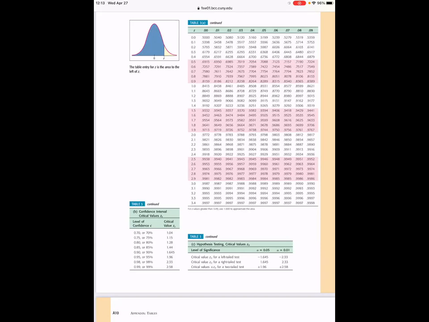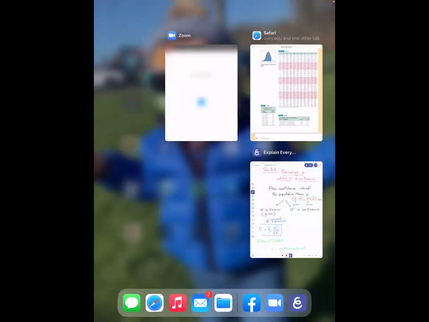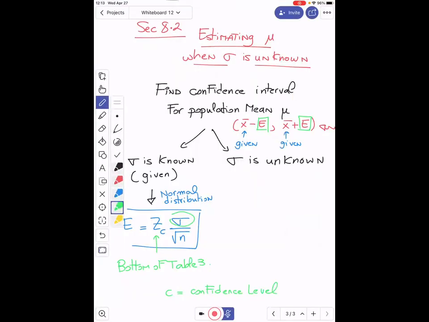If the level of confidence is, say, 90%, all you have to do is take the corresponding critical value z subscript c. So the only thing you really have to do here is find this z subscript c. Once you have it, since sigma and n are given, you can compute your E, and then you can compute your confidence interval.